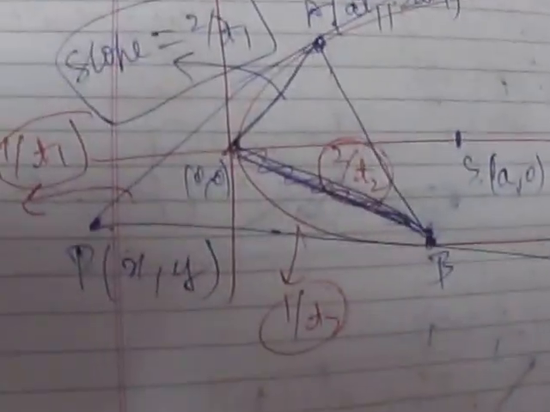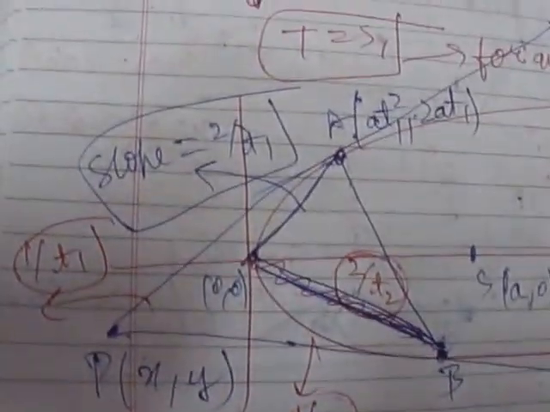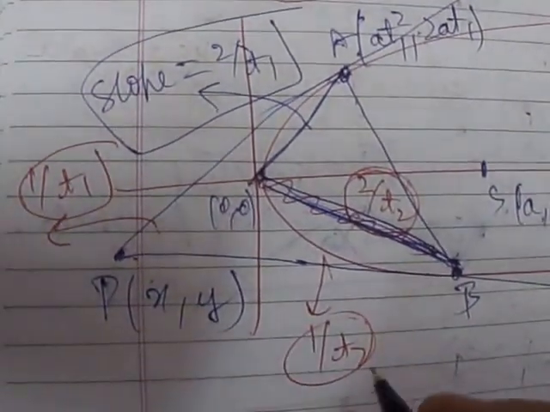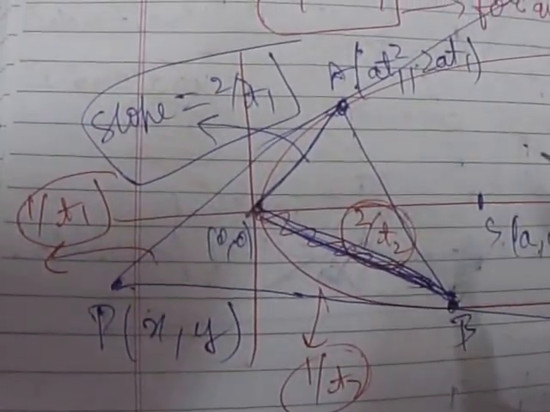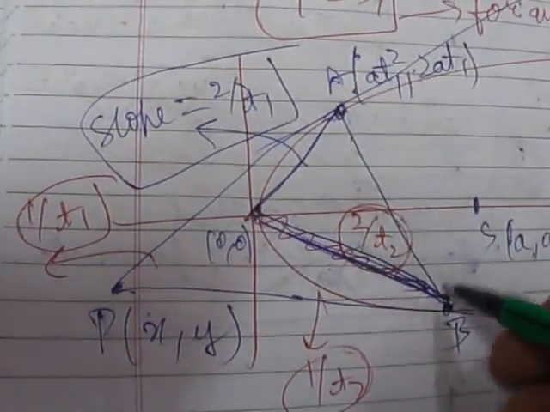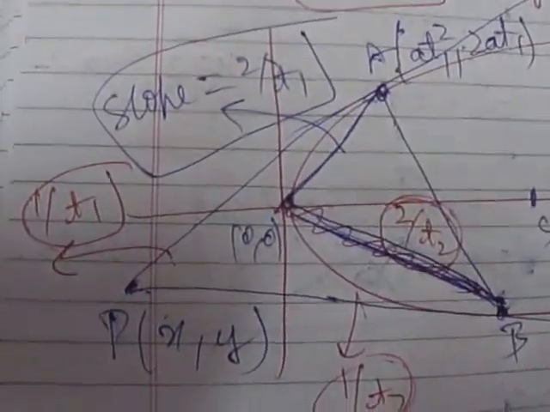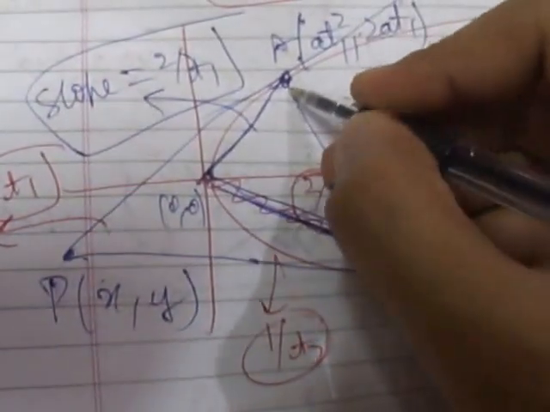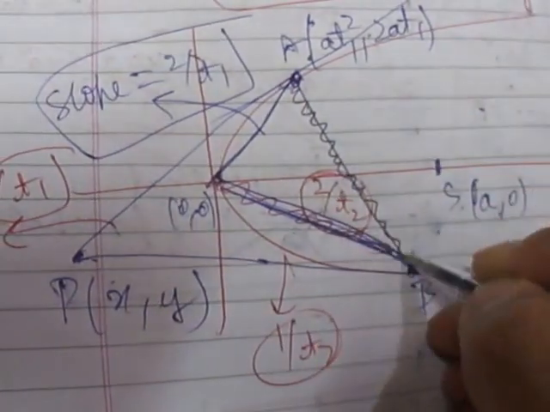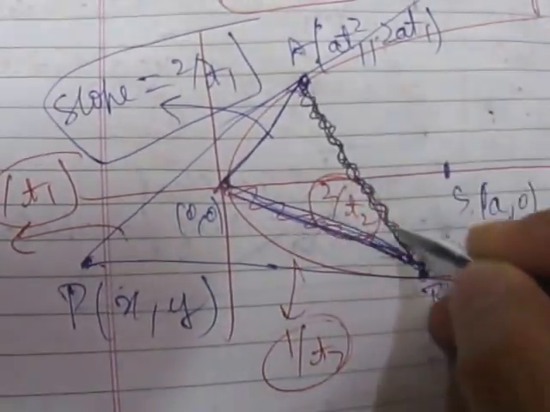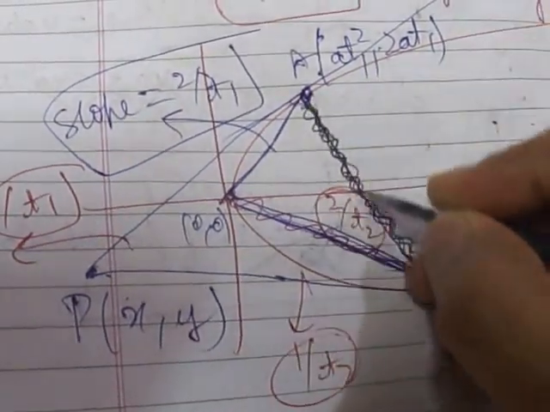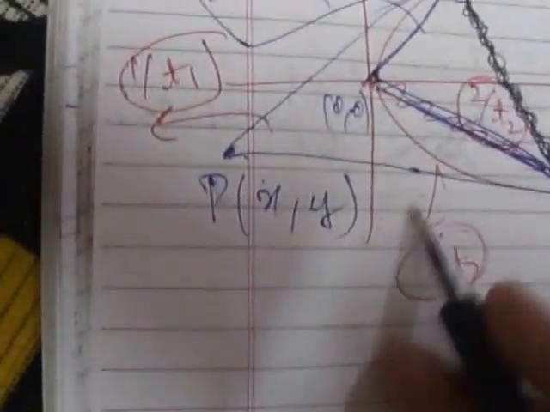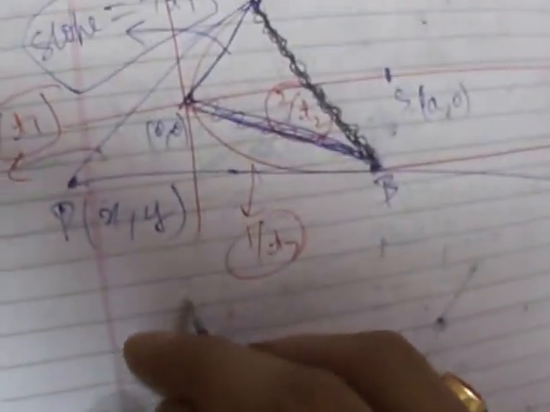Now we are writing the equation of the chord joining A and B, these two points on the parabola. Join them, which I am shading with black. We have to write the equation of this line. Understand it carefully.